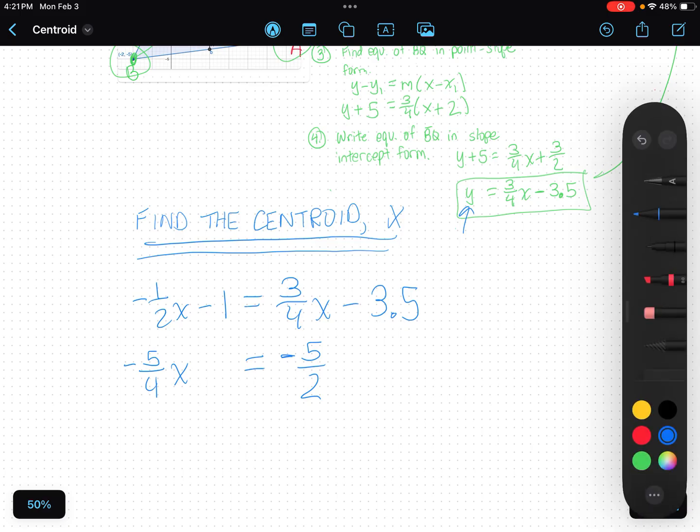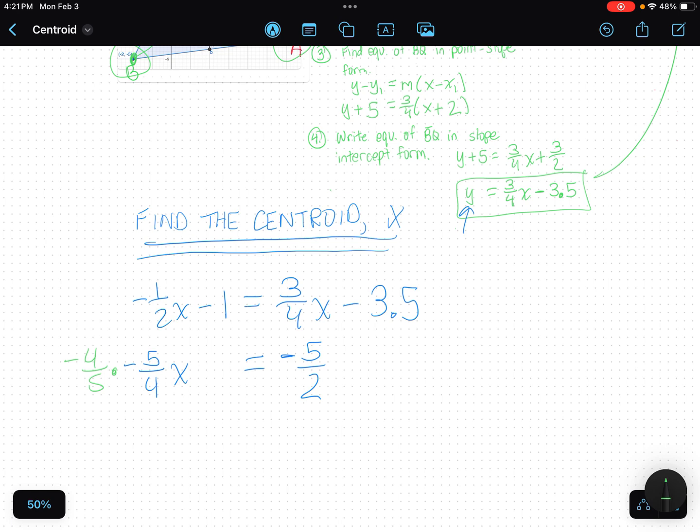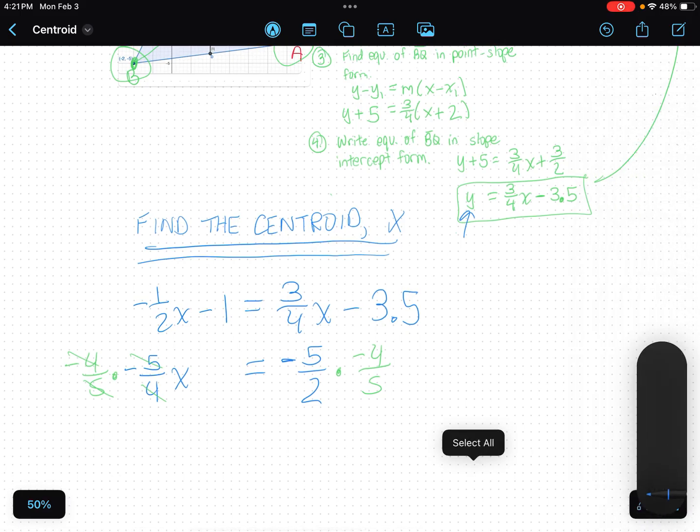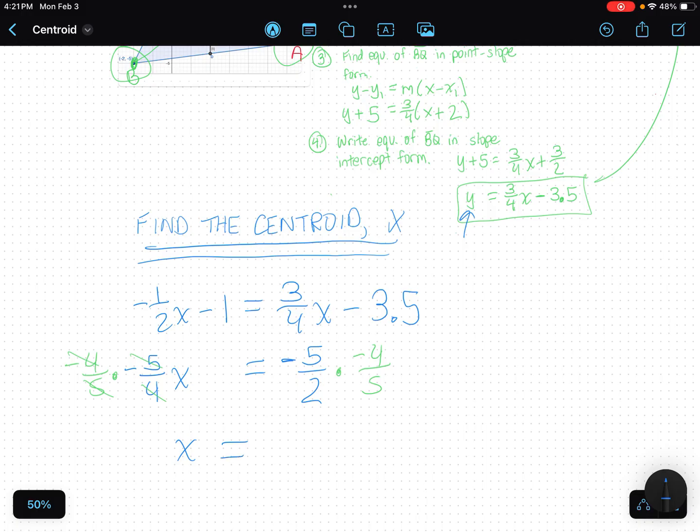And at this point, I become too cool for school by solving this equation by multiplying by the reciprocal on both sides. And obviously that cancels, that cancels. And now I end up with x is equal to, the 5's cancel out, and I think I get a positive 4 over a positive 2, which is 2. So the x-coordinate of my centroid is 2.